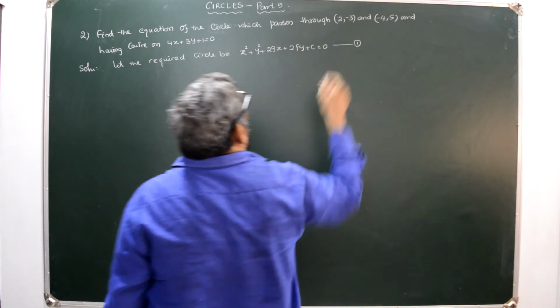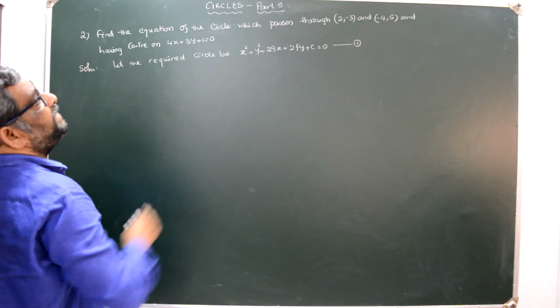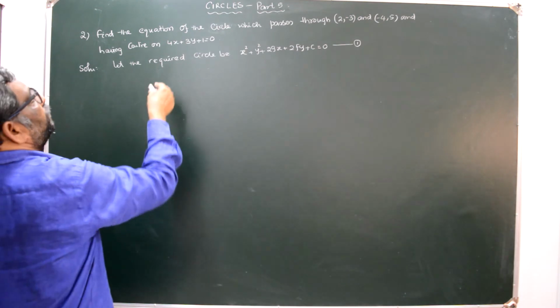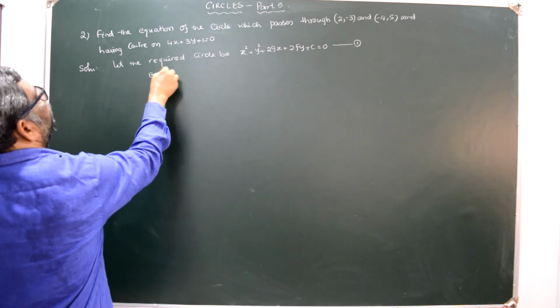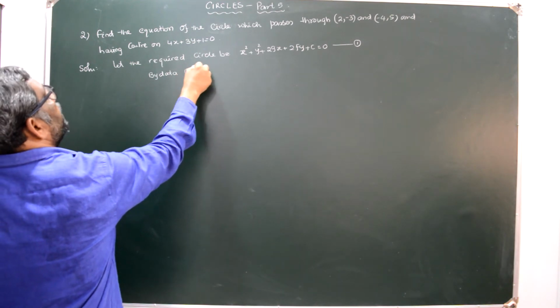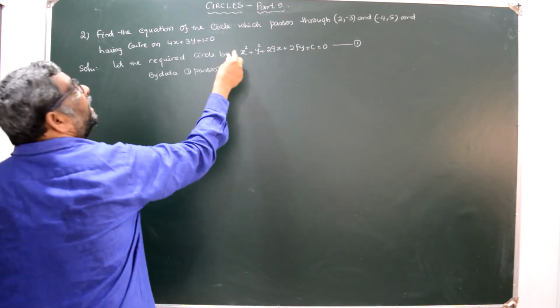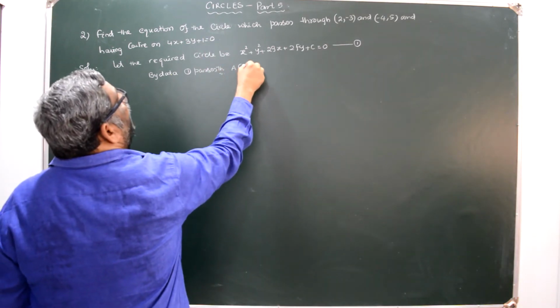We can call this as 1. Given this circle is passing through the points (2, -3) and (-4, 5). By data, 1 passes through A (2, -3).